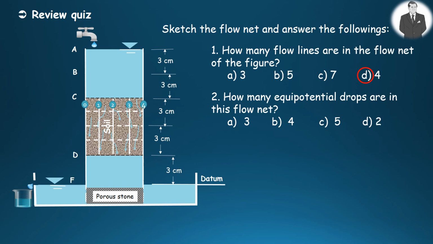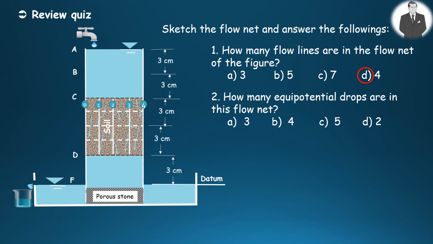Question 2. How many equipotential drops are in this flow net? Again, starting with 0, count down. How many? No. Be careful. Permeable boundaries are considered to be equipotential lines.